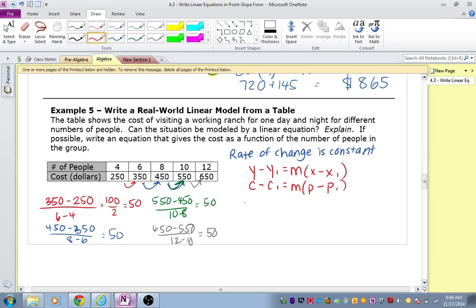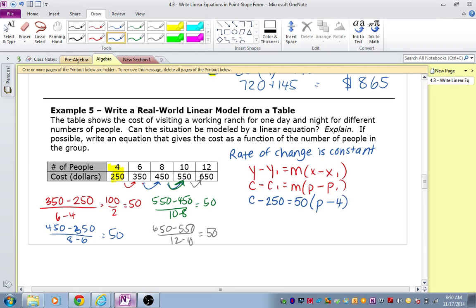Choose one of your ordered pairs from the table and plug it in. Let's do 250. So we'll say C minus 250 equals, the rate of change was 50, times P minus 4.